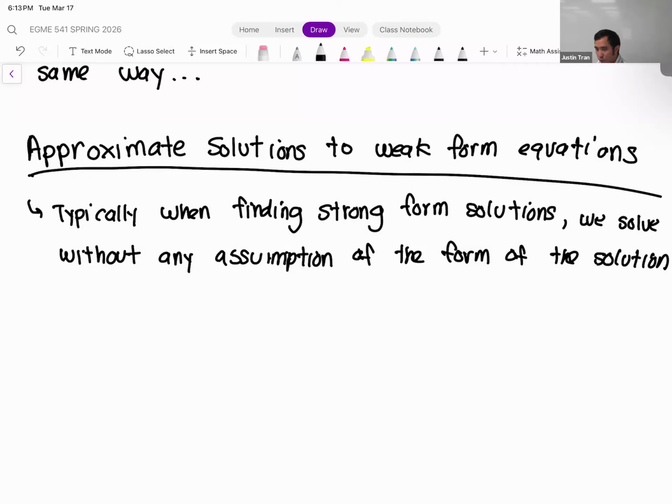Whatever the form may be, that's just the form of the solution. Now, this is great when it works. When you're able to solve the equation without any assumptions, that's generally the best thing you can do, because then the solution just ends up being what it is. But with FEA and with 2D and 3D problems, usually we're not in a position to do this.